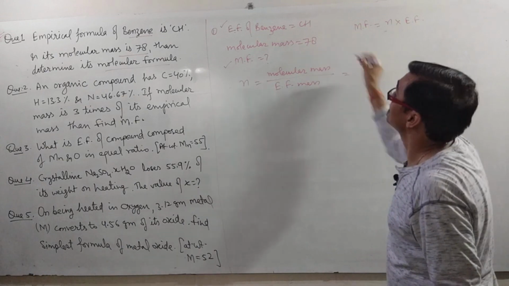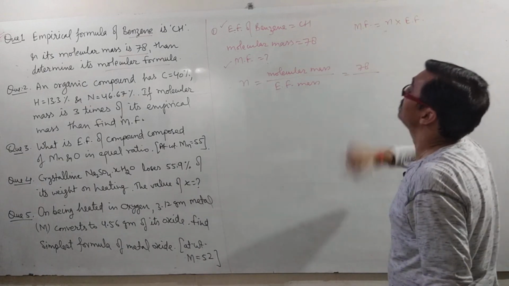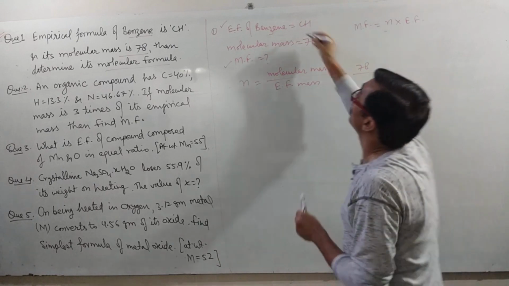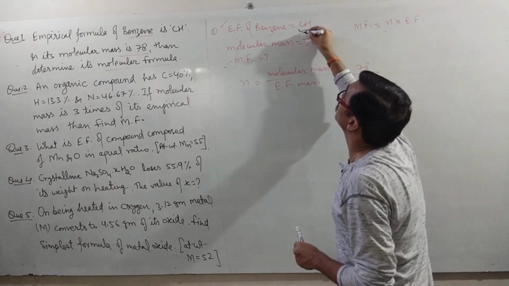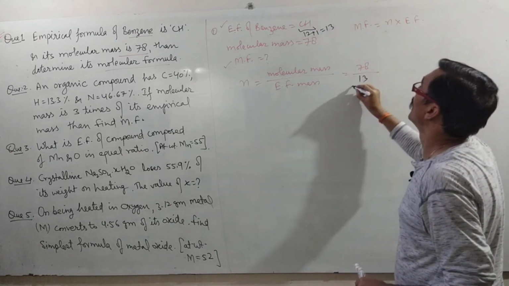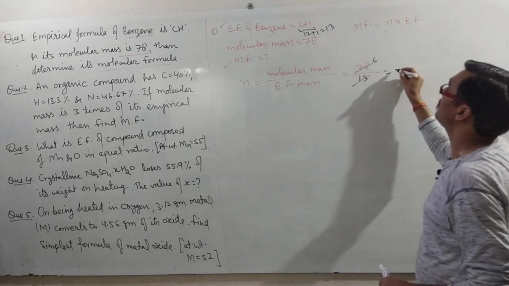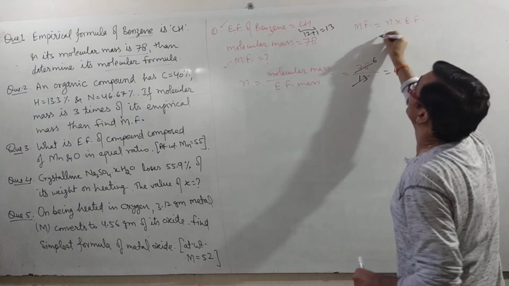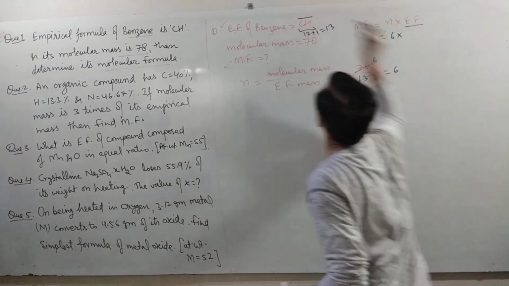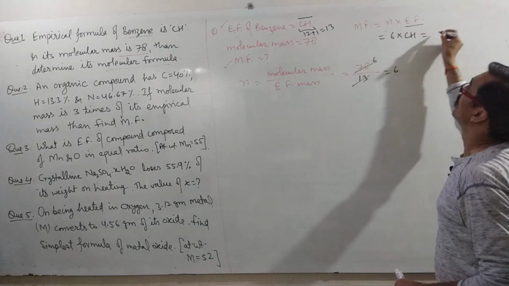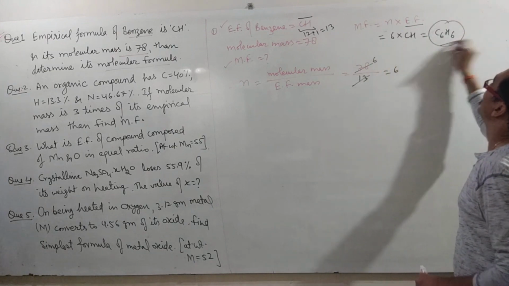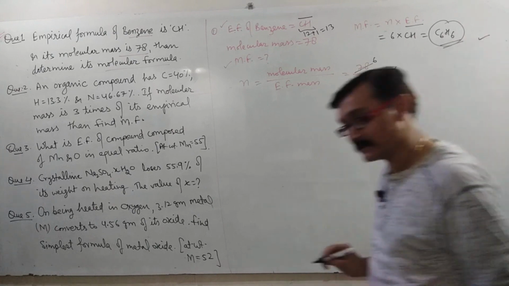The molecular mass is 78, given in the question, and the empirical formula mass from CH, carbon 12 plus hydrogen 1, is 13. So 13 times 6 is 78, n is 6. So the molecular formula is 6 into the empirical formula CH. So the molecular formula of benzene is C6H6.